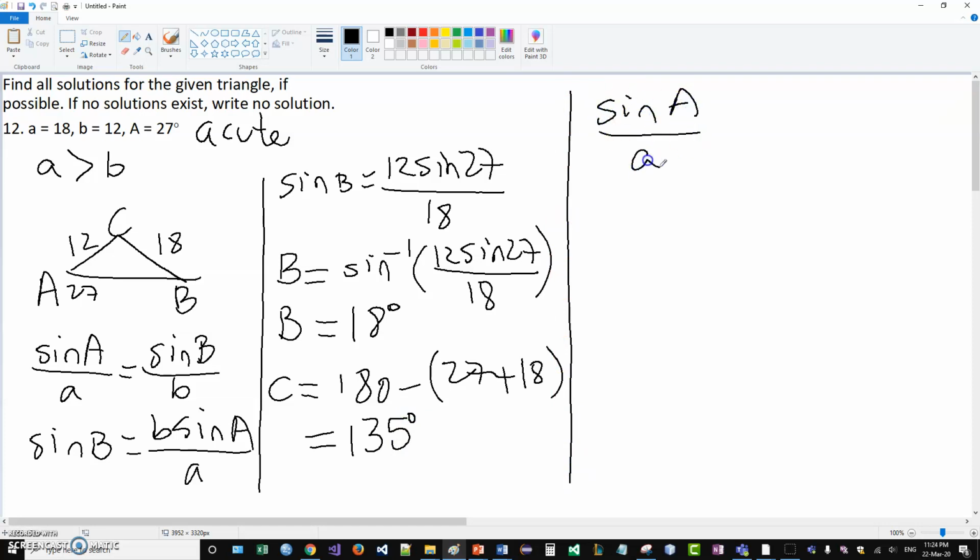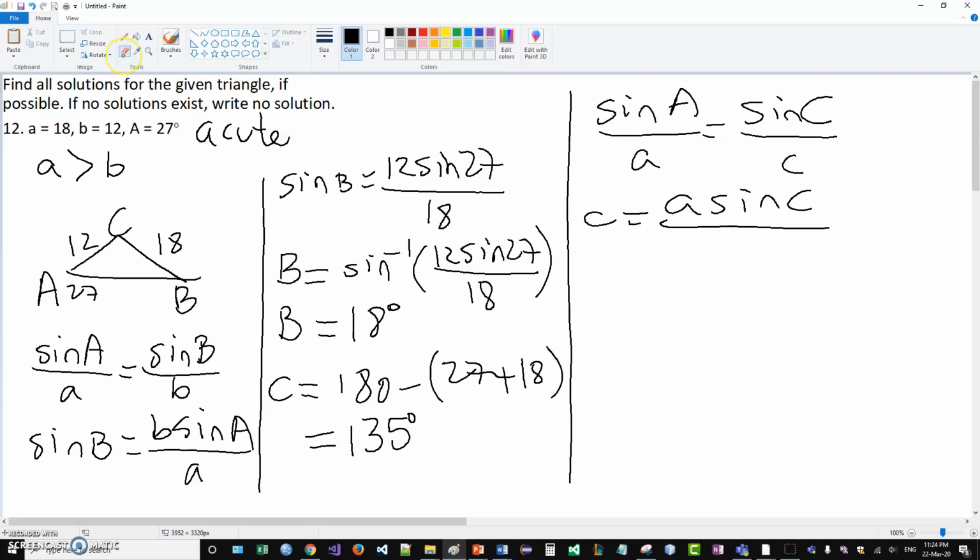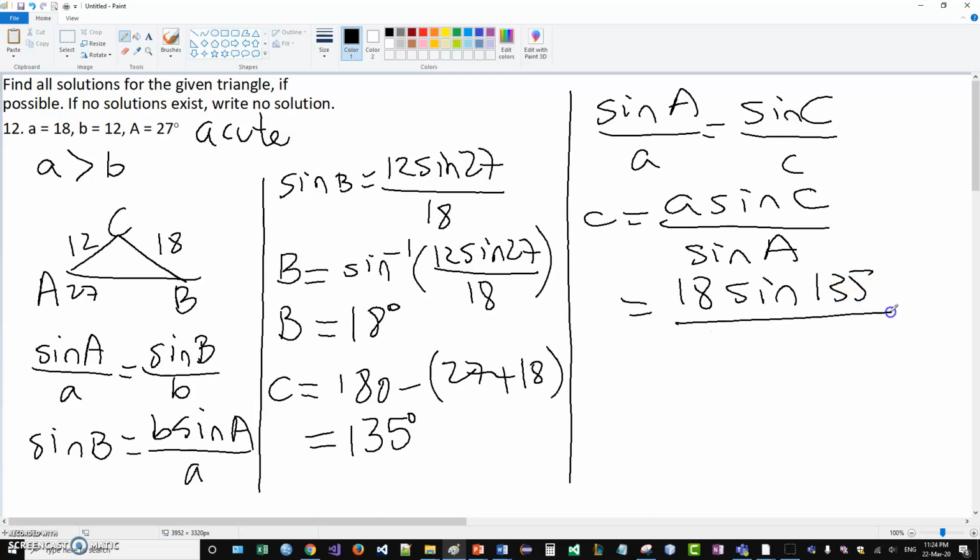Now to find side C, sine A over A equals sine C over C. C equals A sine C over sine A. A is 18, so C equals 18 sine 135 over sine 27.